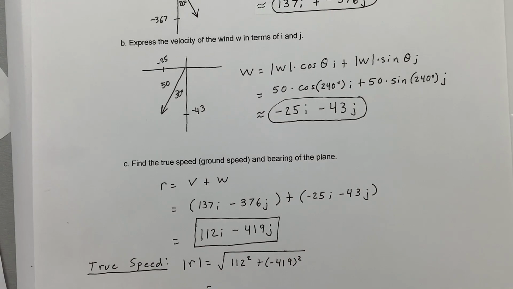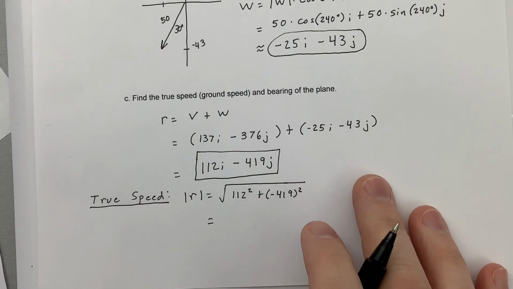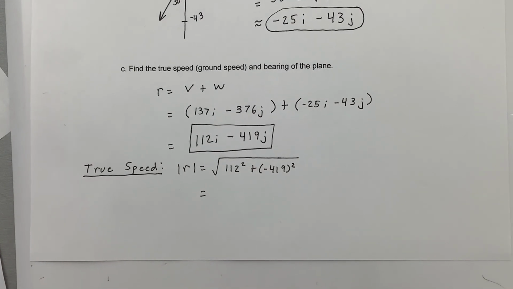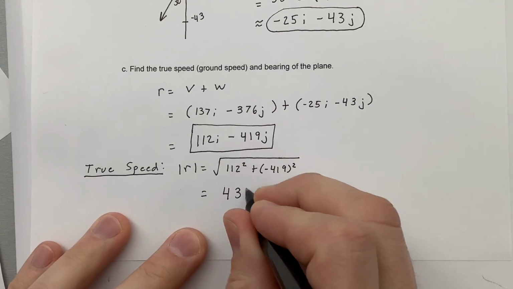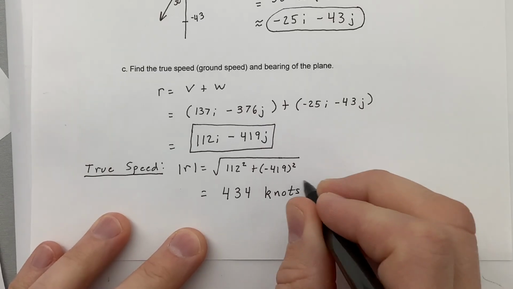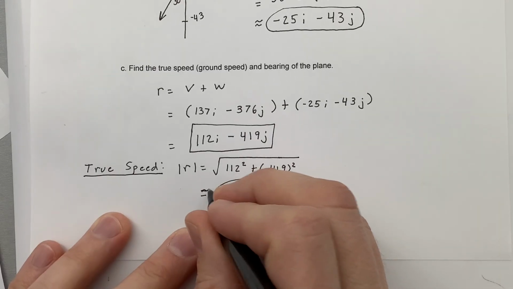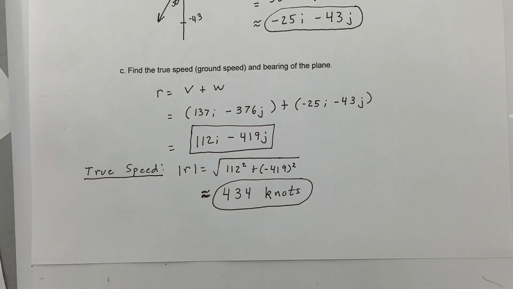Yeah, you're just finding the hypotenuse of that x and y. 434 knots.